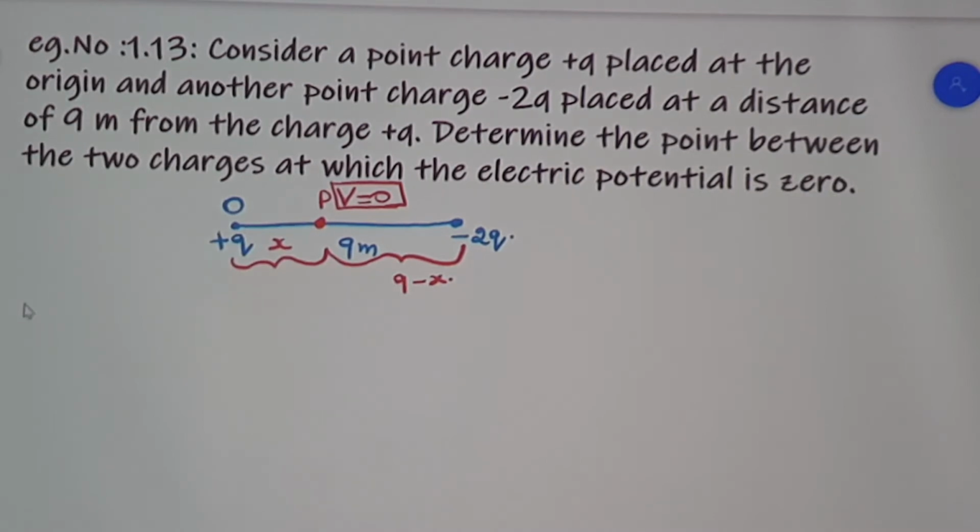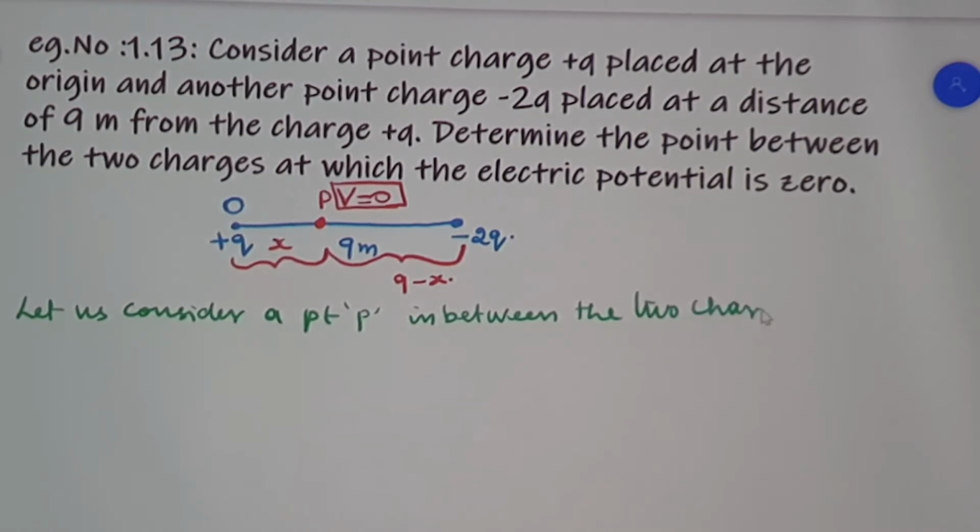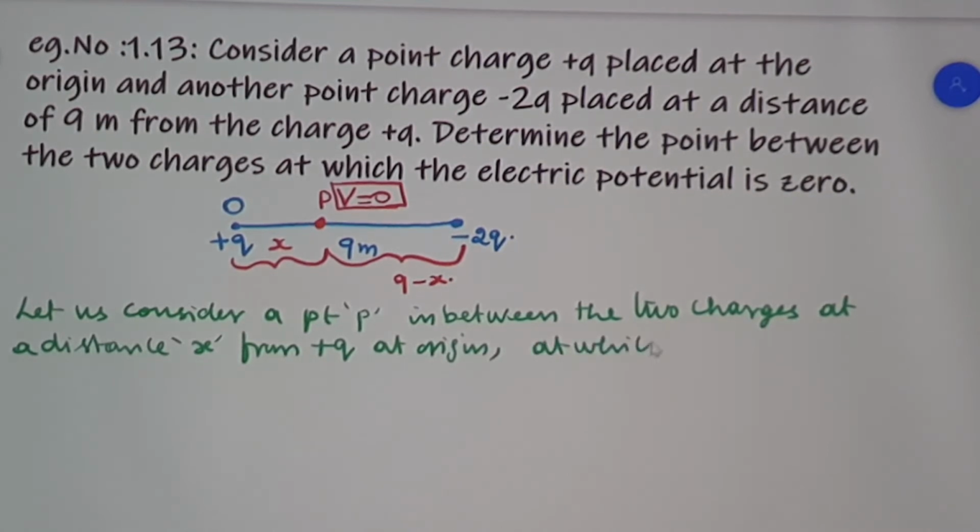First of all, let us consider a point P in between the two charges, at a distance x from plus q at the origin, at which the potential is 0. I think you are clear about this.